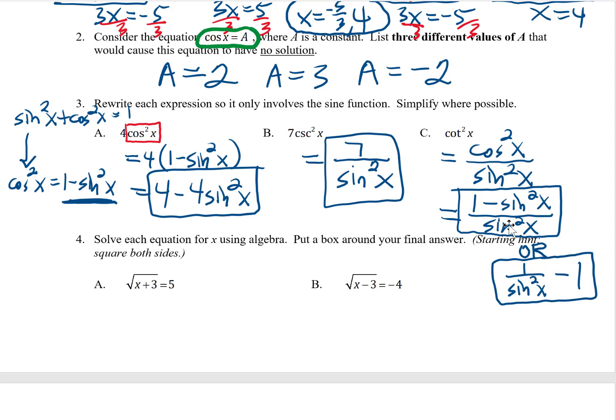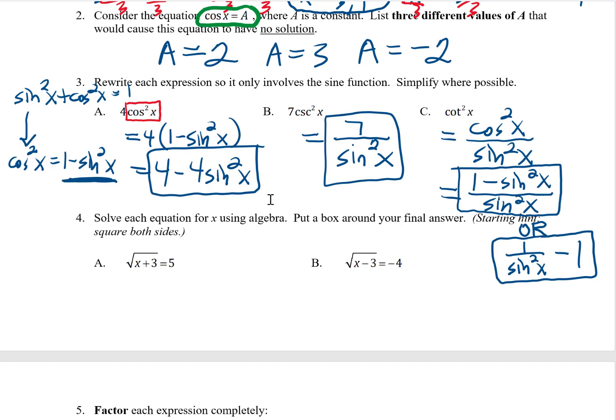In fact, that makes me think of another way I could have done this. I could have used one of the Pythagorean identities. One of the Pythagorean identities says that cotangent squared is equal to cosecant squared x minus 1. If I had made that replacement first, I could have then changed cosecant squared to 1 over sine squared and obtained this answer here. So either of these two answers I think is fine.